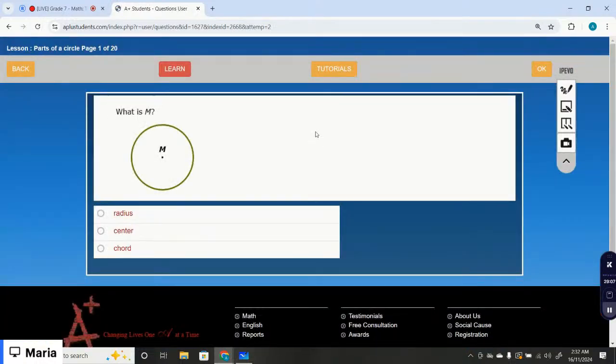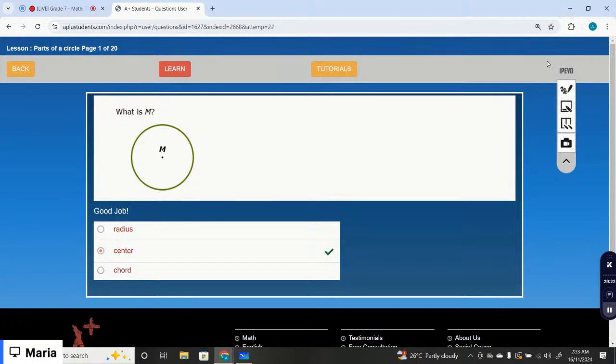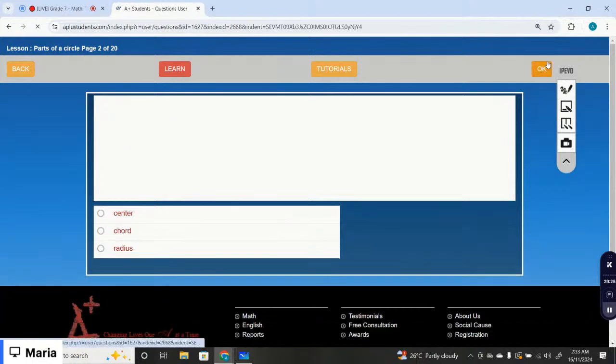What is M? M is the center of the circle. The correct option is center. Option number 2 is the correct option. That is the center of the circle. What is RS?